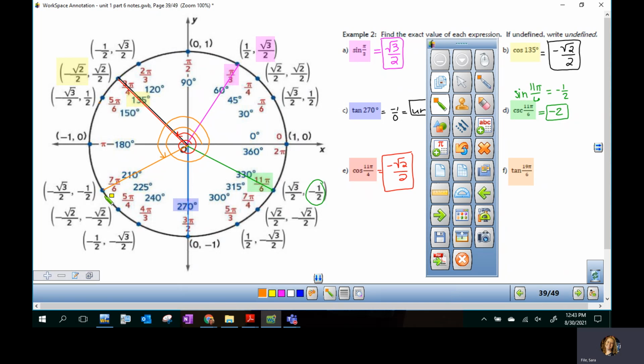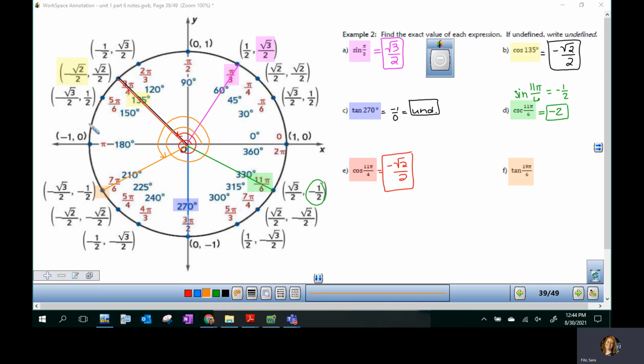Okay, so at that angle, at this point right here, we want to know tangent. Well, again, I don't have tangent written on this page of the notes, but I had you add it to your blue one. Tangent is y divided by x, and what did that come out to for the 30-degree reference angles?